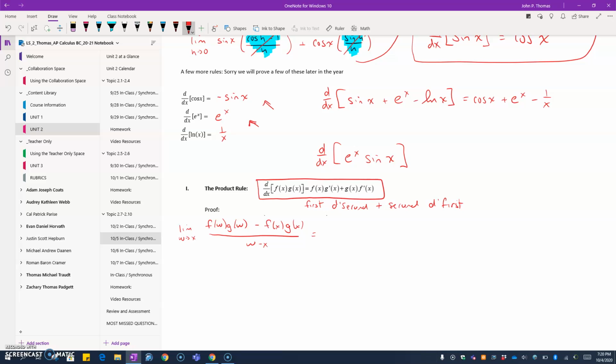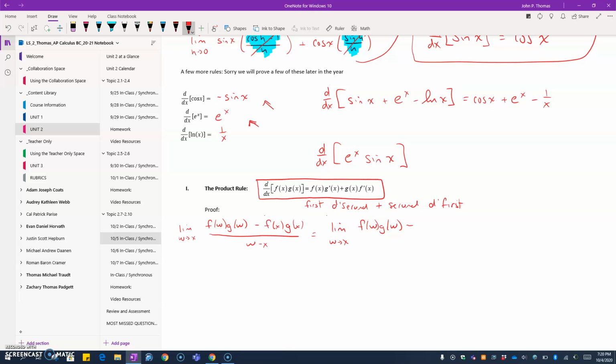So in the proof, we're actually going to add something in that's not there, but then we're going to immediately take it back out. It's a weird step, but it's something that really often comes in very, very handy in math problems, which is to put something in and then take it right back out.